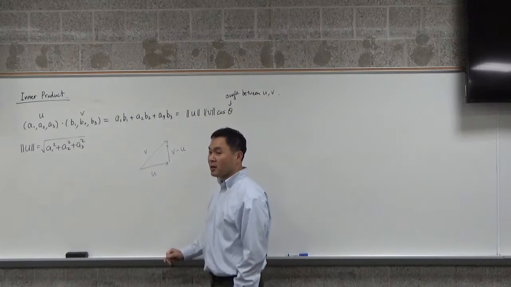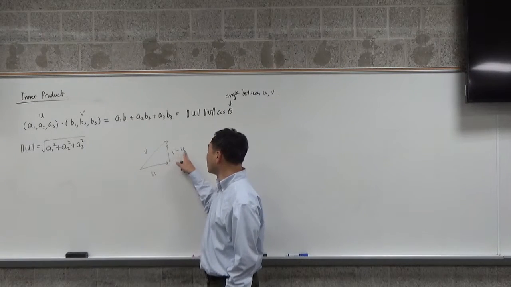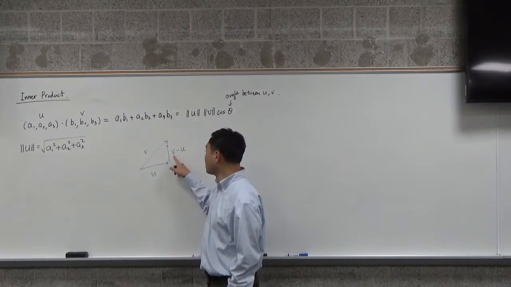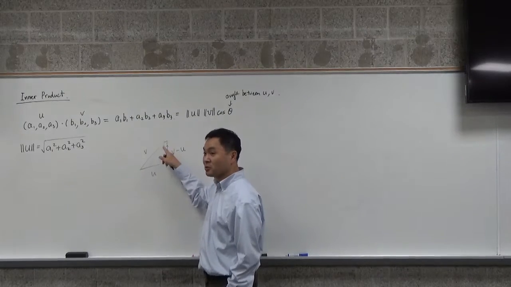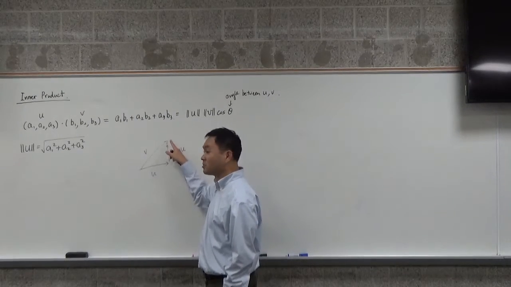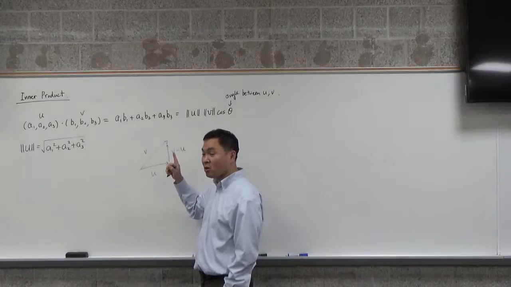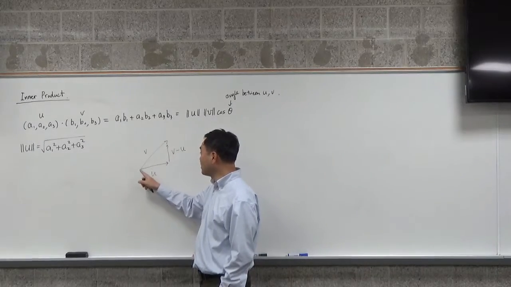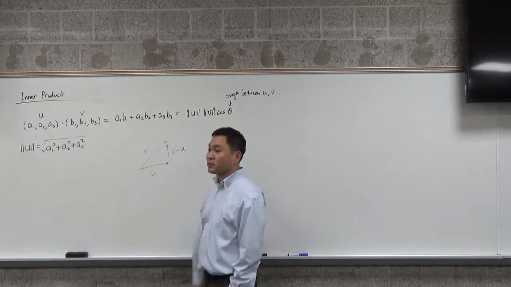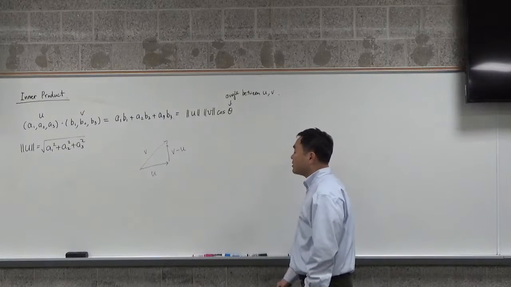And I know that because u plus (v minus u) would make u cancel and you get v. By the triangle law of addition of vectors, this plus this is the same as that.